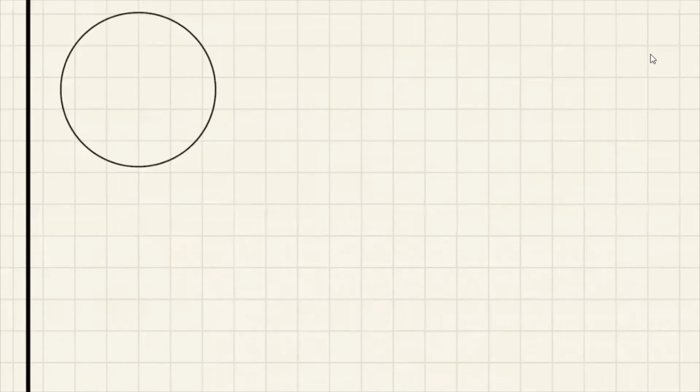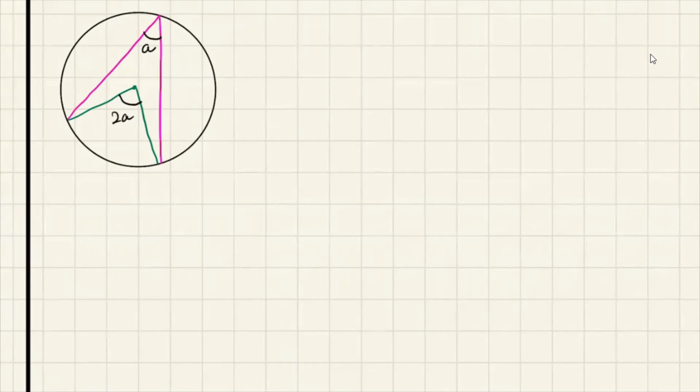Okay, then the other property is of the angles in the segment and the angle at the center. So let's say this is a segment over here and this is my center. So if this angle is A, then this angle would be 2A. The reason is that the angle at the center is twice the angle at the circumference.